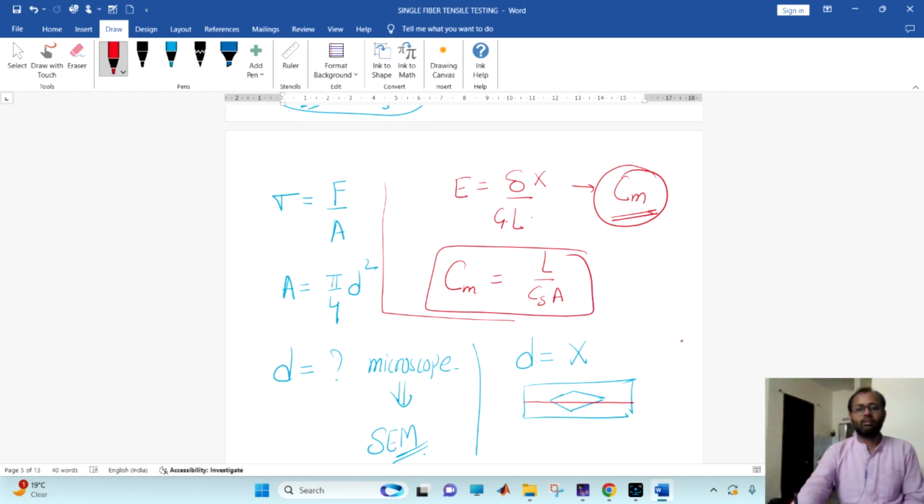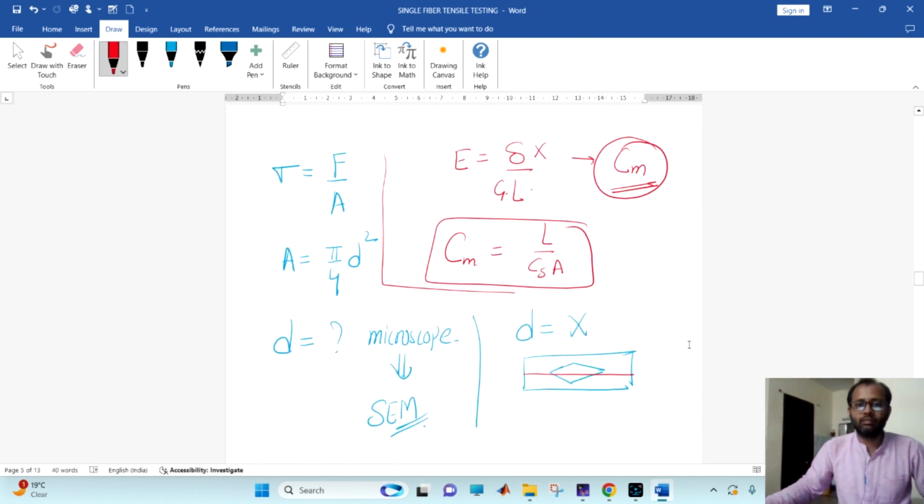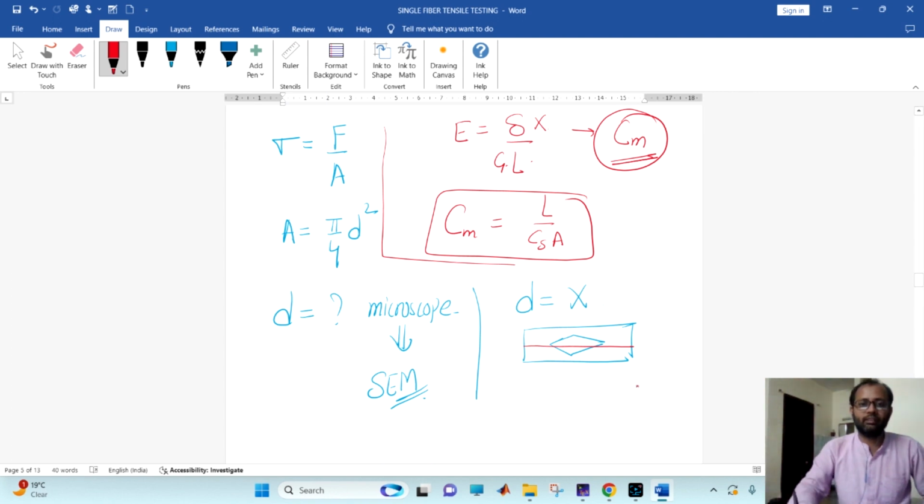From there we can find the E, so we get the corrected E value also.